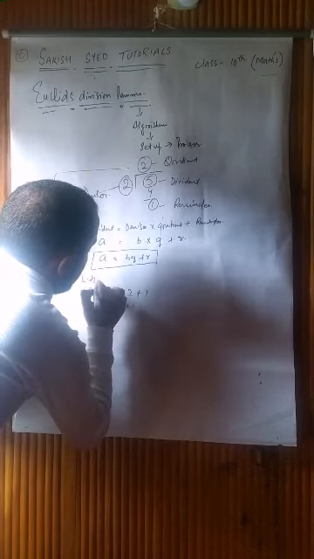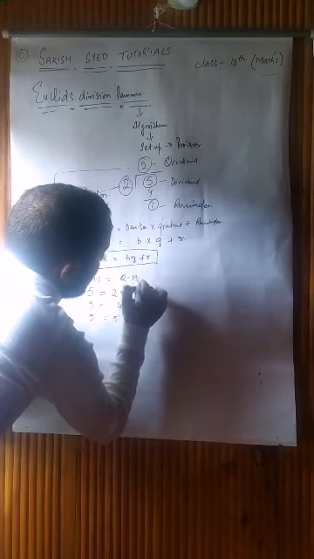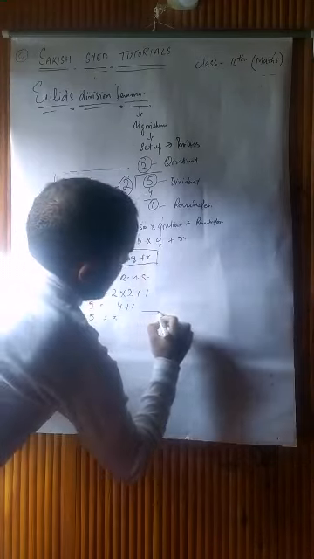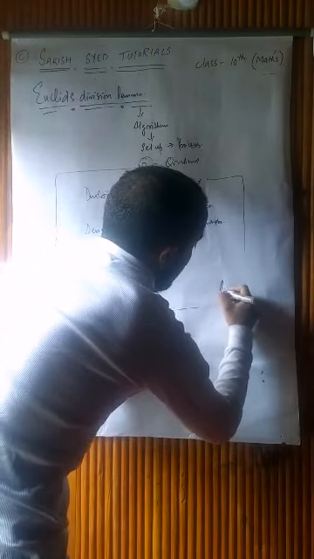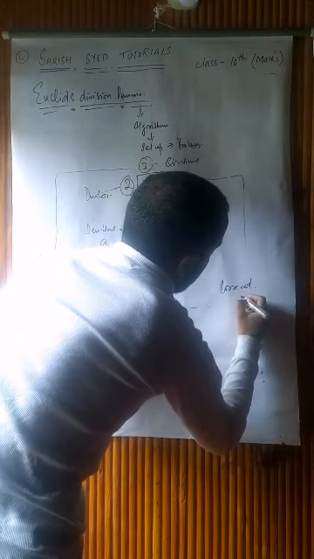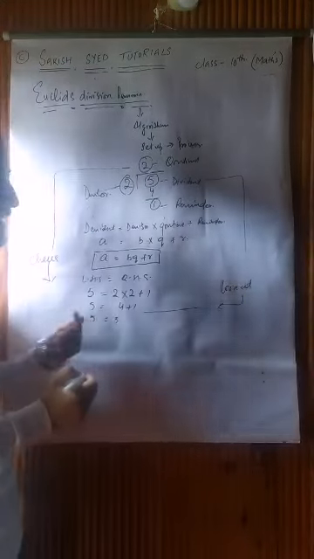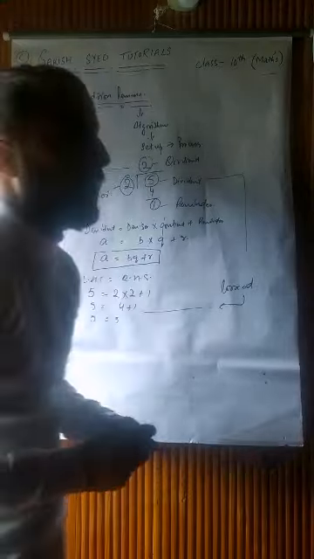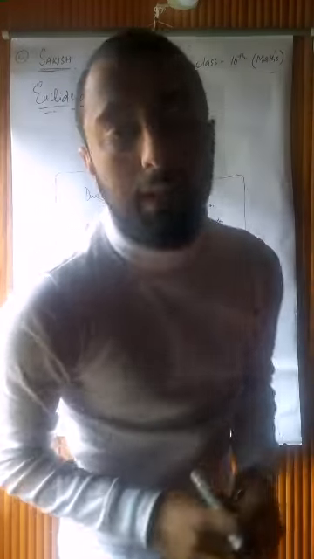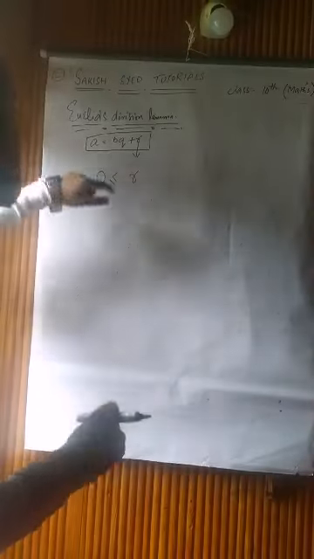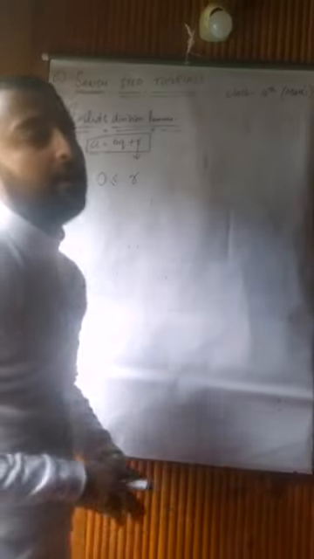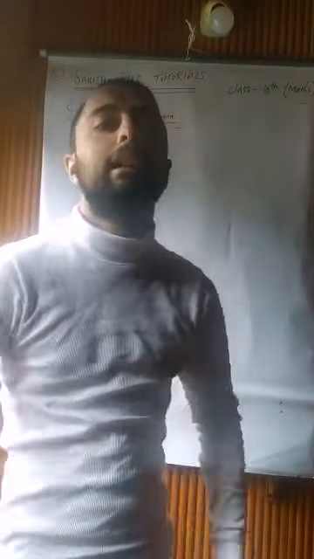Hence LHS is equal to RHS. This tells us that our division is correct, because the dividend is equal to the divisor into the quotient plus the remainder. So here is the relation: a equals bq plus r.